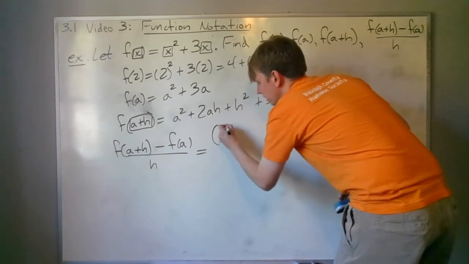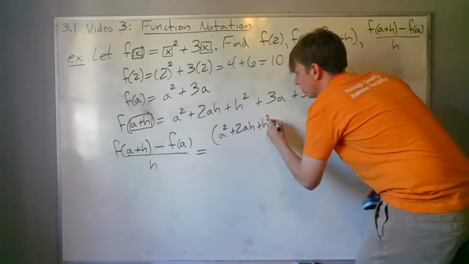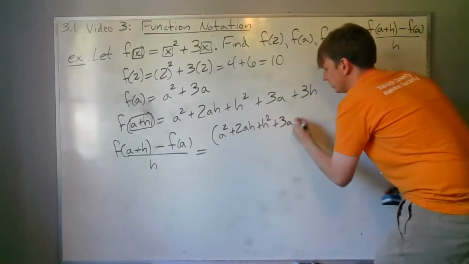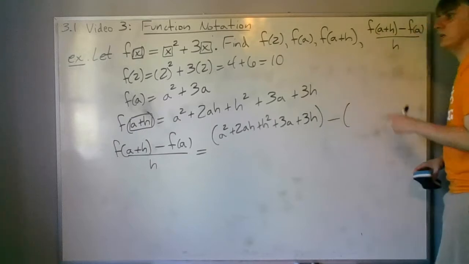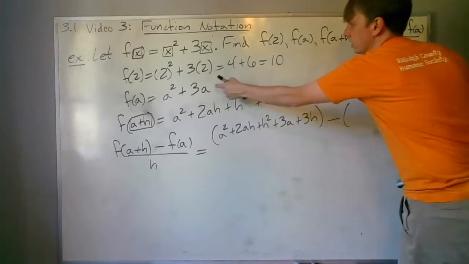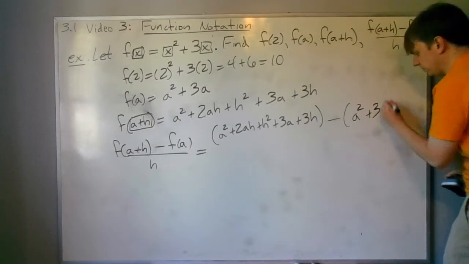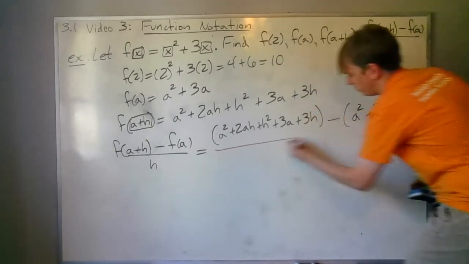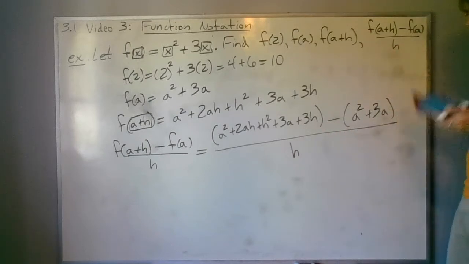So parentheses a squared plus 2ah plus h squared plus 3a plus 3h, minus parentheses f of a was this guy, a squared plus 3a. And then all of that divided by h. Looks like fun.